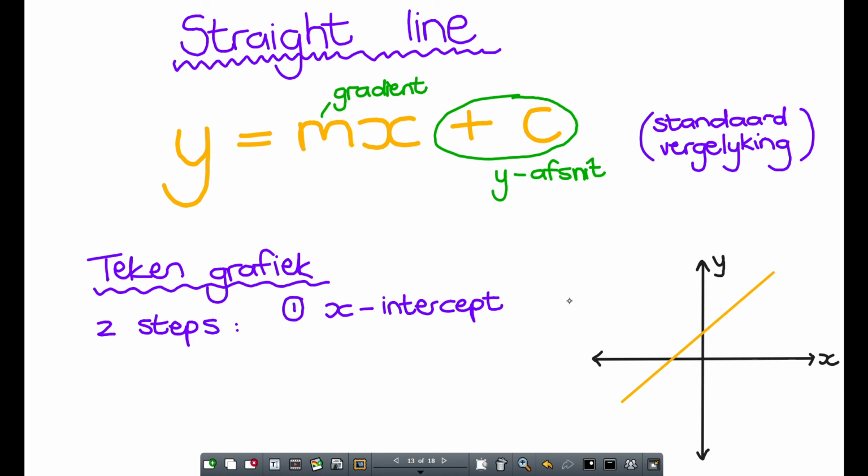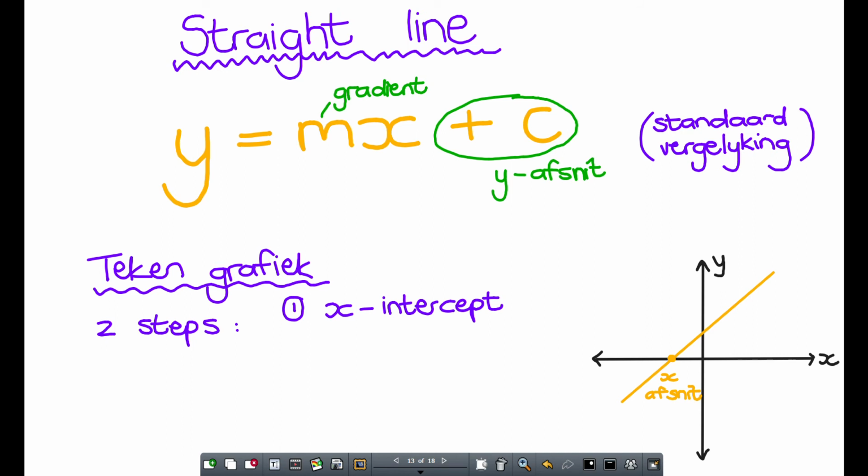So the x-intercept would be over here. Nee, daai is jou x-afsnit. X-intercept basically means where it cuts through the x-axis, right?